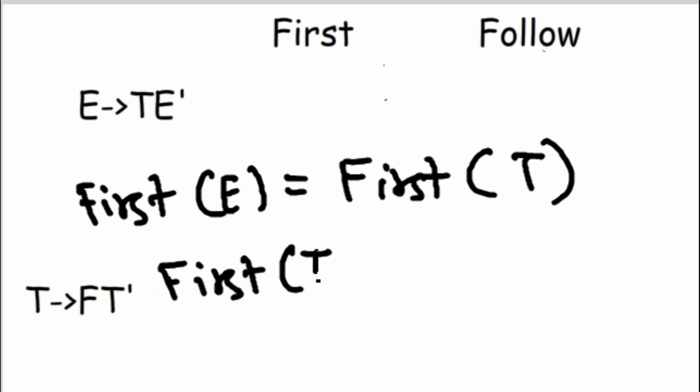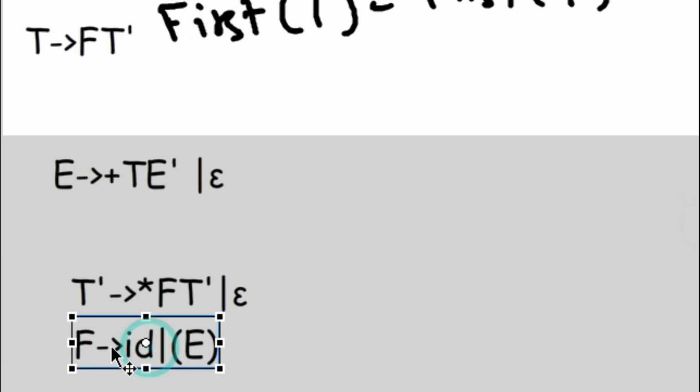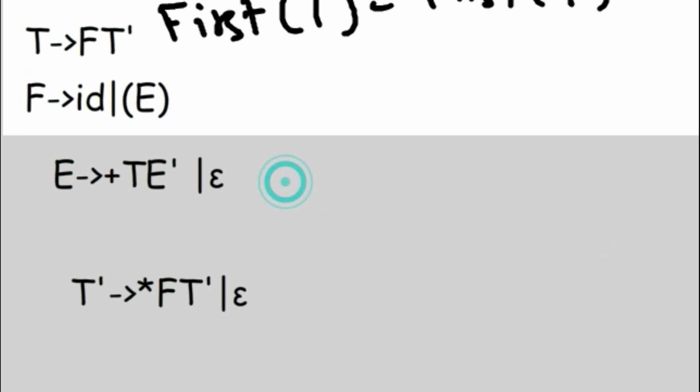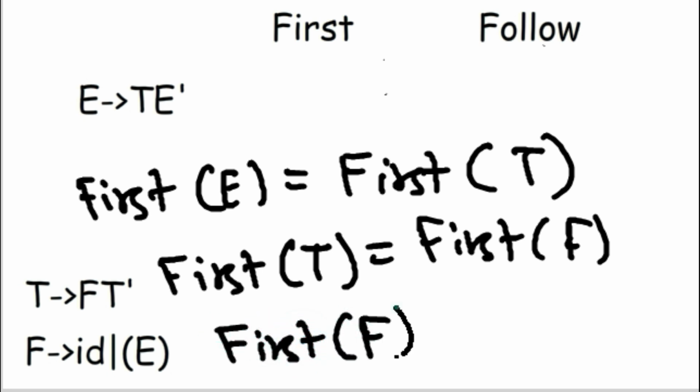So what is first of T? First of T is equal to first of F. So again we have to find first of F now. So let us look for F. We can find F here. So let us take it into consideration. Now what is first of F? First of F is equal to, this is an OR symbol.